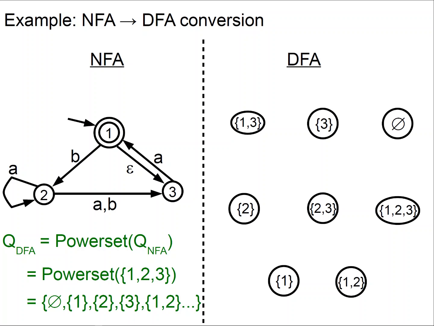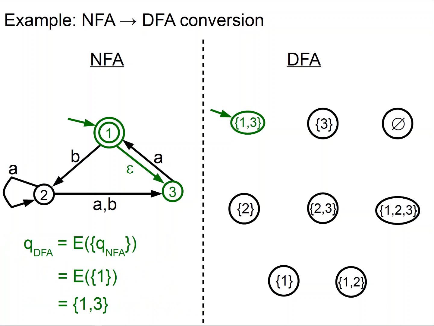The start state of the DFA is the epsilon closure of the set containing the start state of the NFA. The start state is 1, and the epsilon closure would be {1, 3}. So here is our start state.